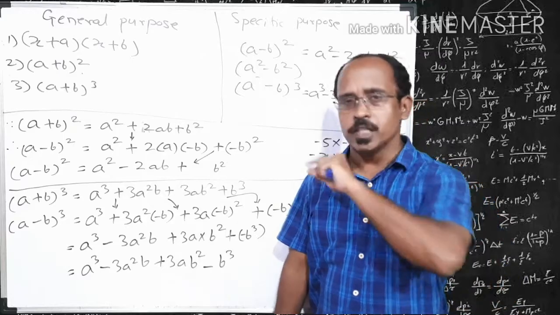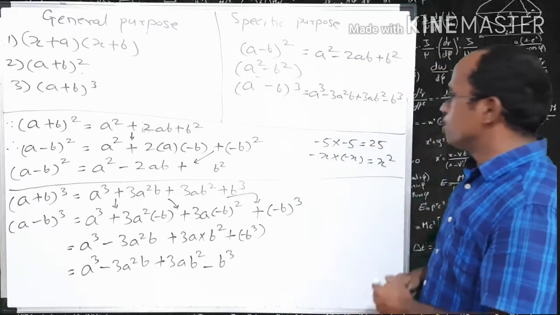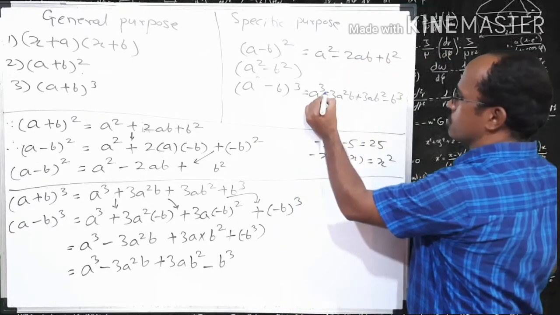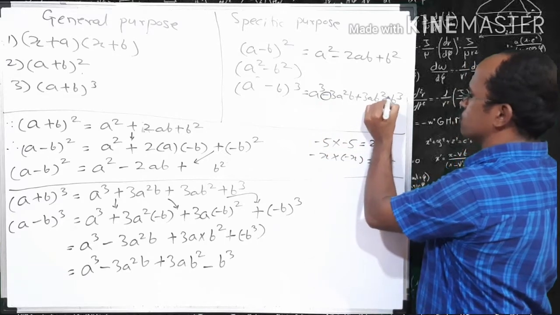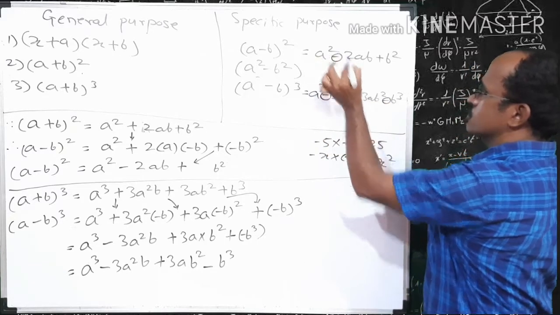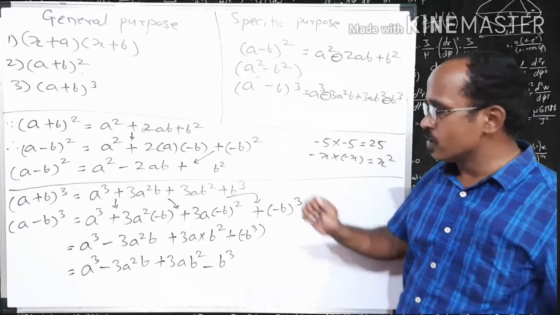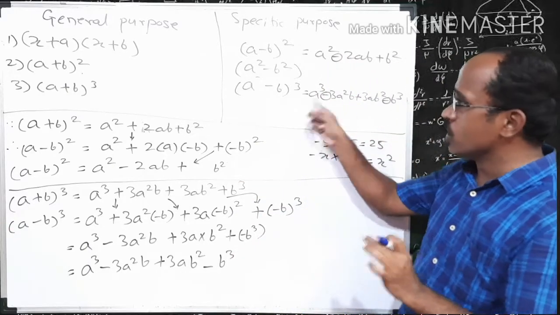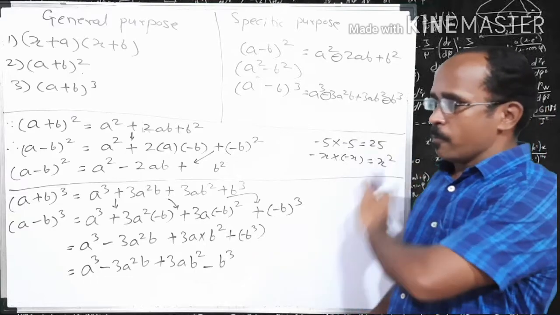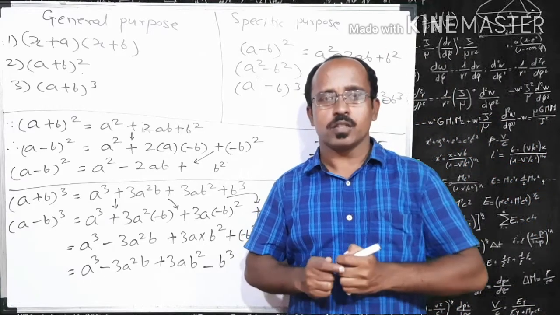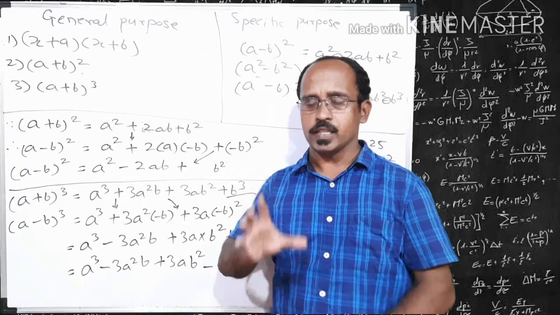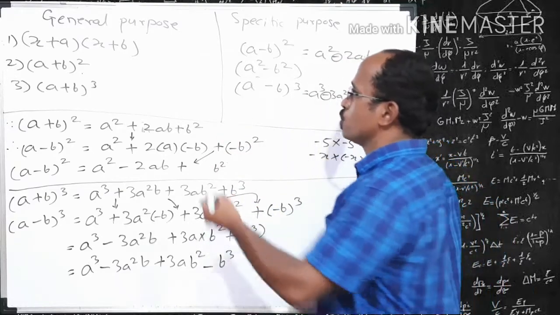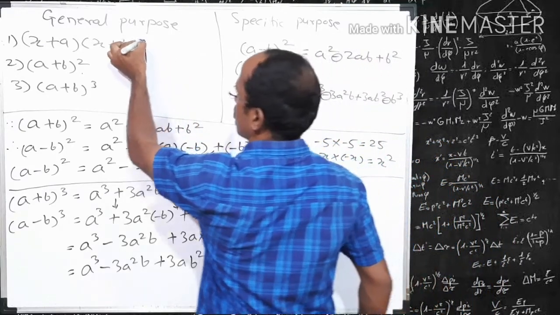In the case of a specific purpose formula, you need not worry about these symbols while replacing values. Clear? In the case of a specific purpose formula, you need not worry about these symbols. Friends, for that, you just observe a few videos of practice set 5.1 where we use this formula as a general purpose formula.